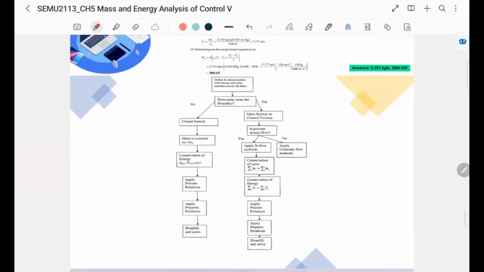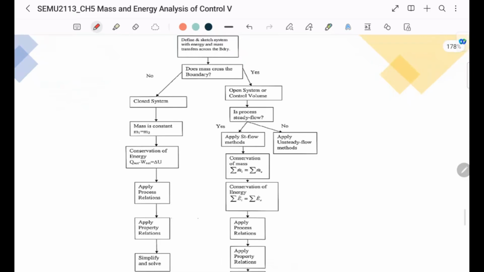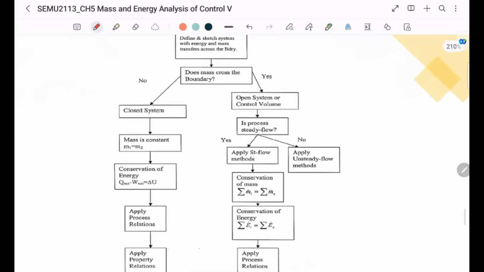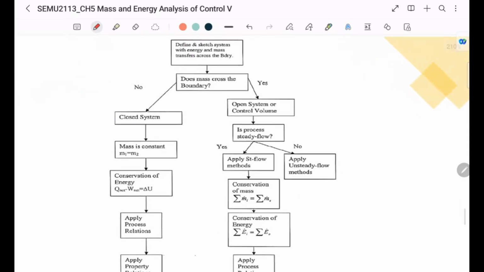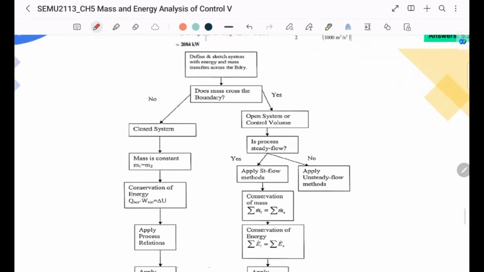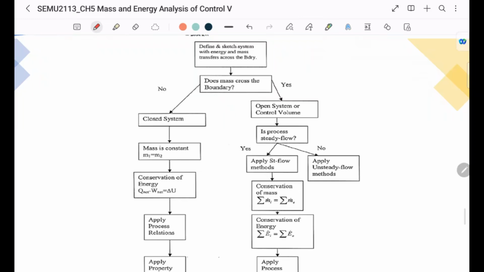But lastly, the last of the lecture slide really. Whenever you solve any thermodynamics problem, first of all, define and sketch the system with energy and mass transfer across the boundary.